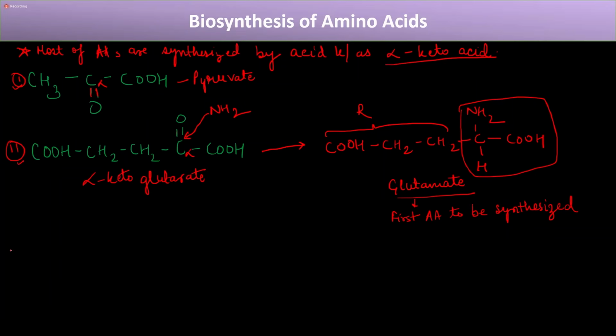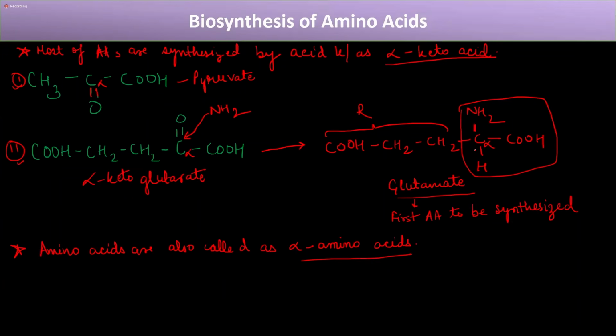The second important thing is that amino acids are also called alpha amino acids. Why do we call them alpha amino acids? The answer is simple. If we see this structure, this is the alpha carbon, on which the amino group is attached, right?